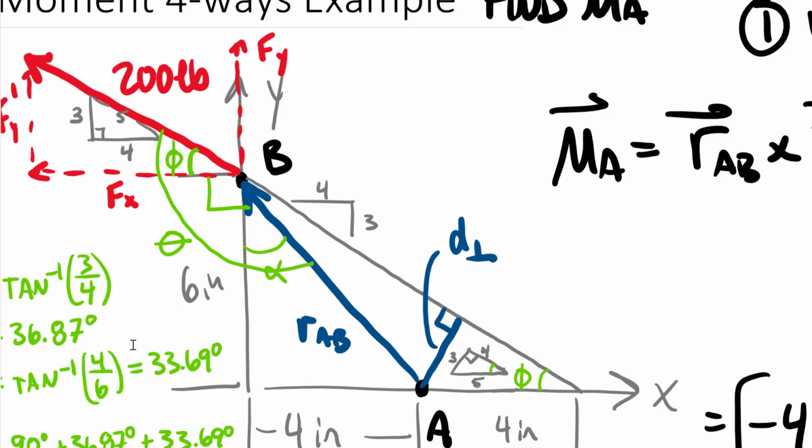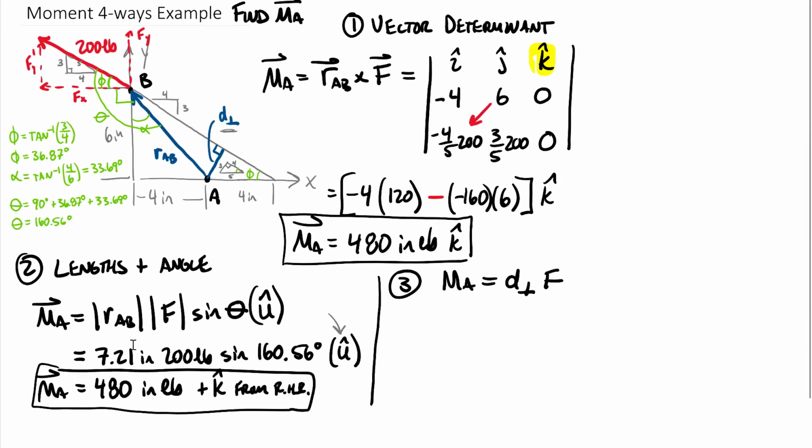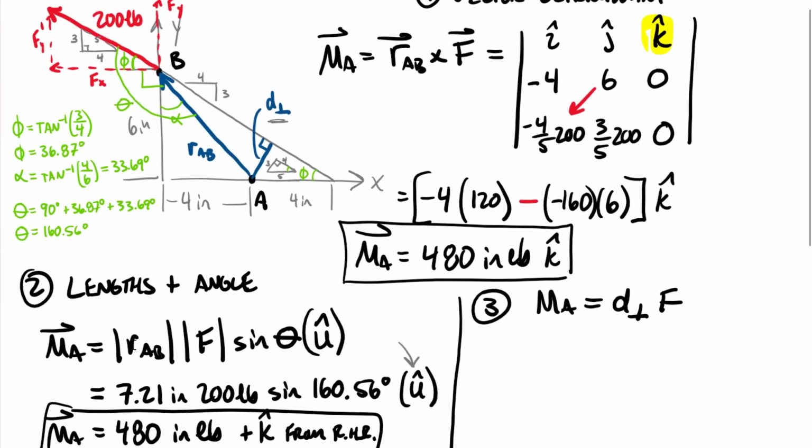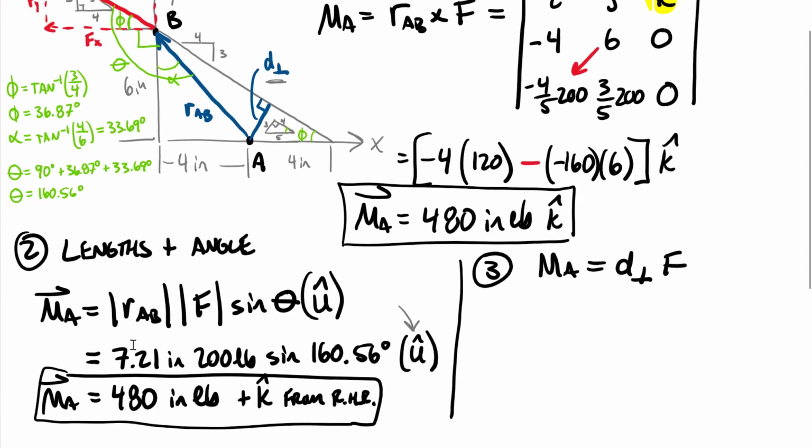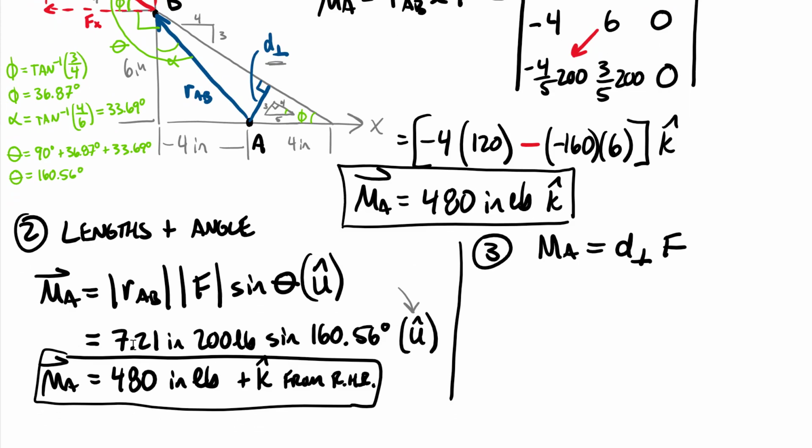Okay, so either using the angle phi or this new 3, 4, 5, we essentially can use that to determine what our D perpendicular is. To write out those computations, we can write that 3/5, which comes from our 3, 4, 5 right triangle, is equal to my D perpendicular divided by 4 inches.